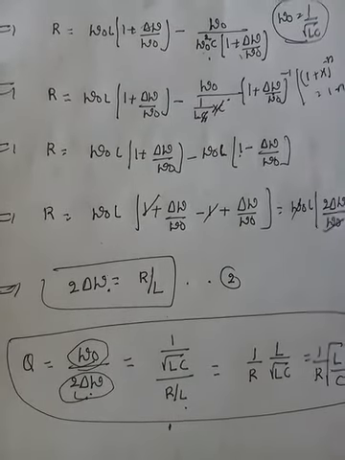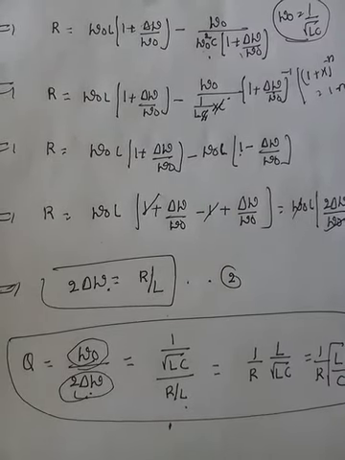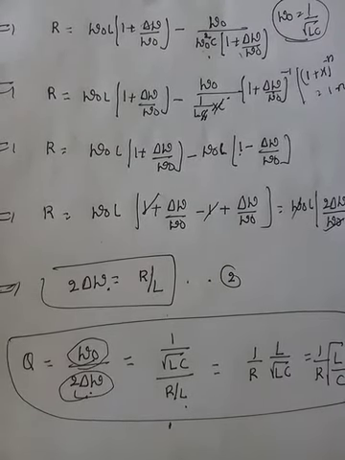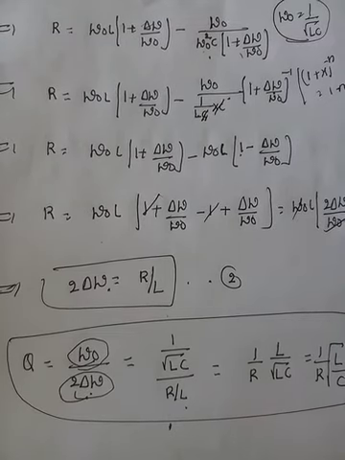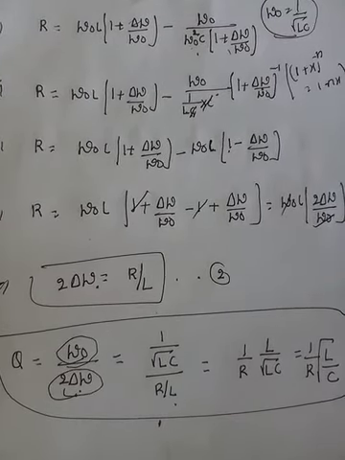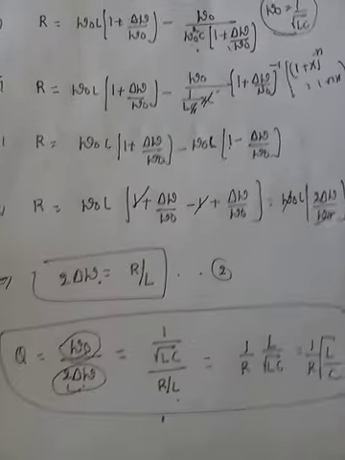What is common? The omega naught L. If you take it common, 1 cancels, and delta omega by omega naught adds up. When you add these two, we get 2 delta omega by omega naught into omega naught L, omega naught cancels. Finally, we want bandwidth, that is delta omega equals R by L. We got the expression for quality factor as what? Q equals 1 by R into root of L by C.